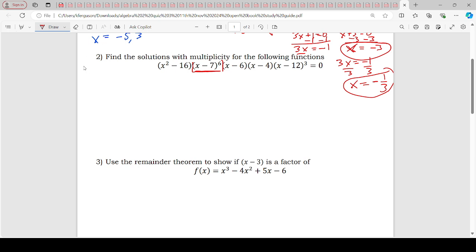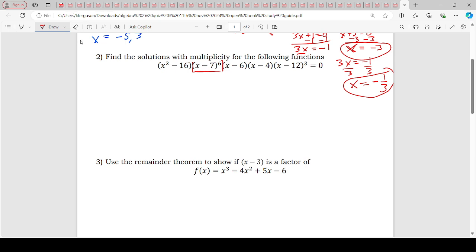For instance, I'm going to focus on this piece right here, and then I'll explain multiplicity. This is a similar problem to the one we just did. I've got several things that are being multiplied times each other that are set equal to 0. Looking for the solutions means I take each piece and set it equal to 0.